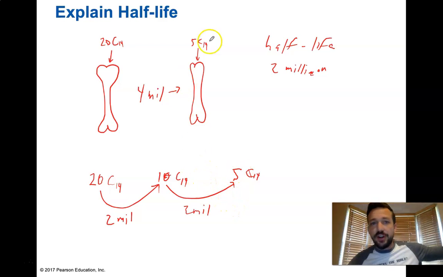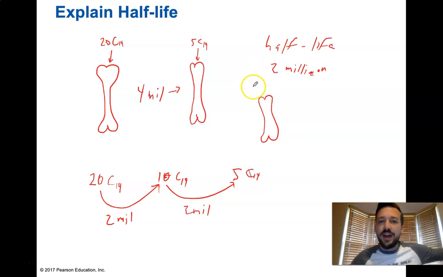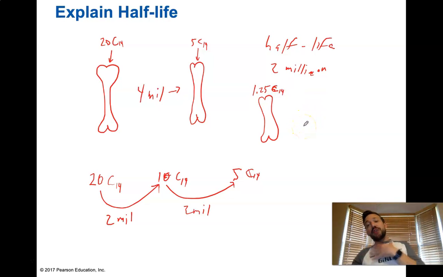Let's go a little further. Let's say we dug up another bone, and they counted how many there were, and there was 1.25 carbon-14s. I know that sounds weird, but remember there's a lot of these. We're talking thousands and thousands of these carbon-14s.